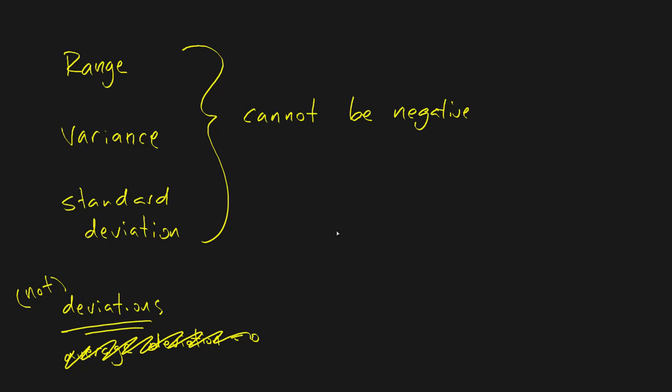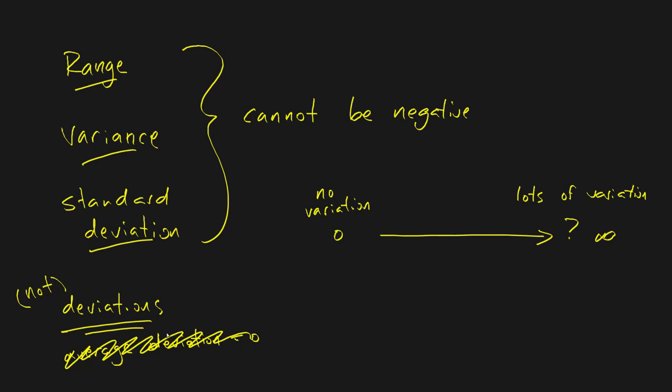Well, the smallest amount of variation would be 0. 0 means there is no variation. And that can go up to, who knows how large. That can go as large as the numbers you're dealing with. I guess technically this could go up to infinity. So that would be lots of variation. There is nothing less than no variation. You cannot get a negative result for range, for variance, for standard deviation.